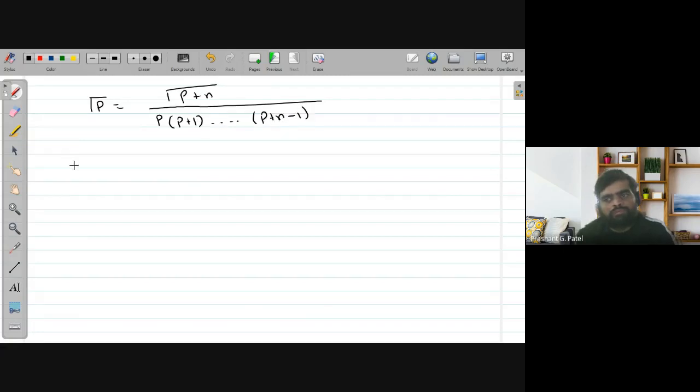So this is the definition for p a negative value between minus n to minus n plus 1.